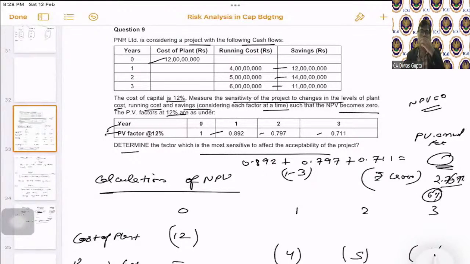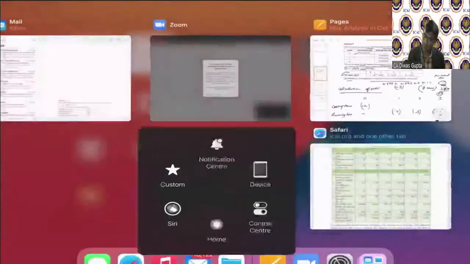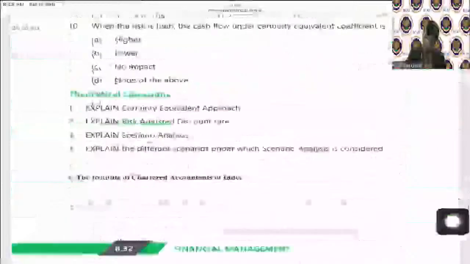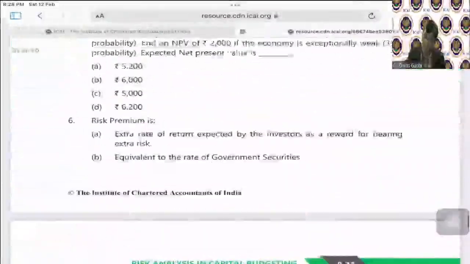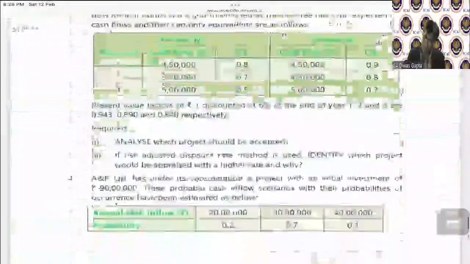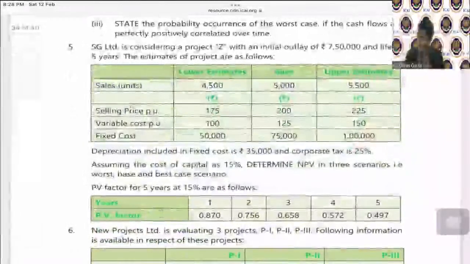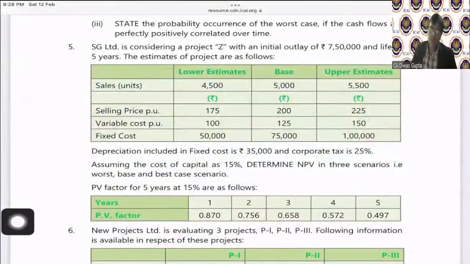This is the equivalent value that I'm telling you. Just try it. It would be the same. Now coming to Soumya's query, question number 4, 5 and 6. Okay, let us discuss question number 5 and 6. This is question number 5.